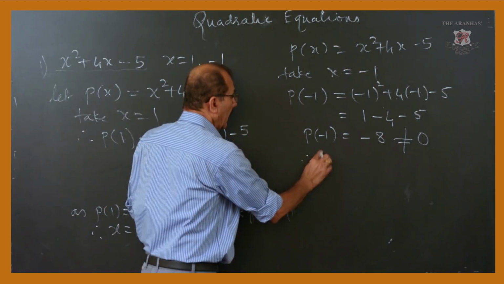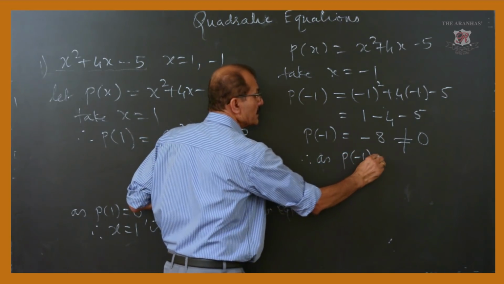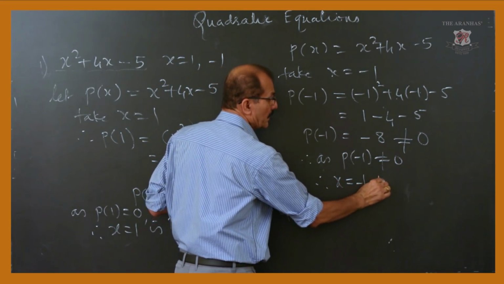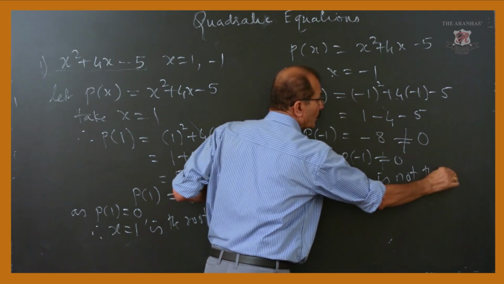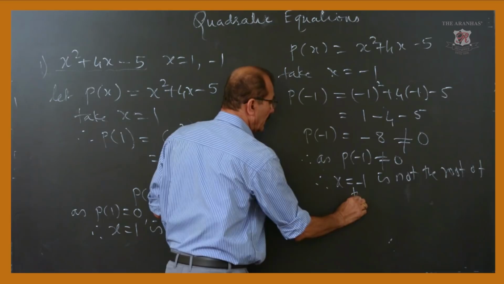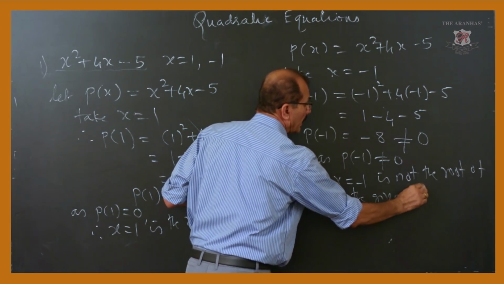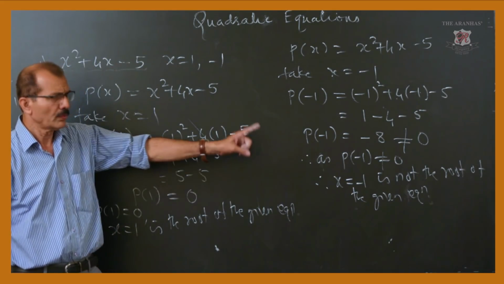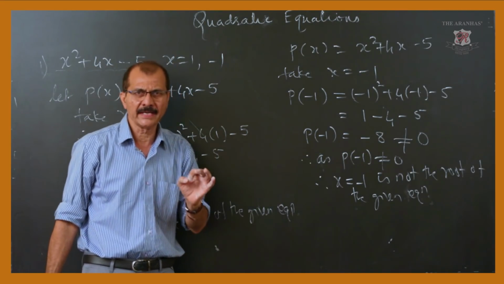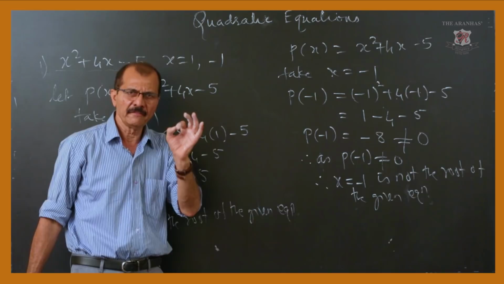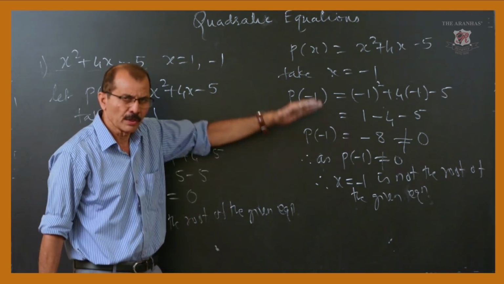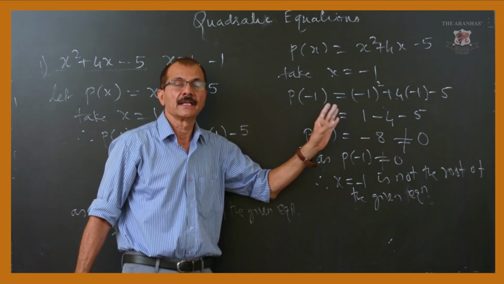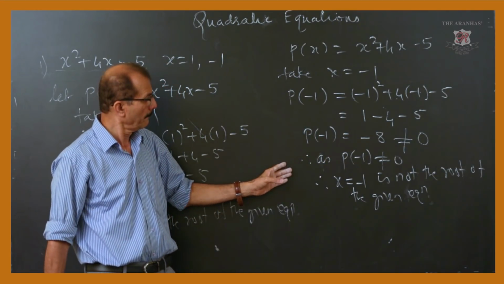Therefore, as p of minus 1 is not equal to 0, x equals minus 1 is not the root of the given equation. So, your aim is to check when you put the value of that variable in the polynomial, if it is 0, then only it is the root.